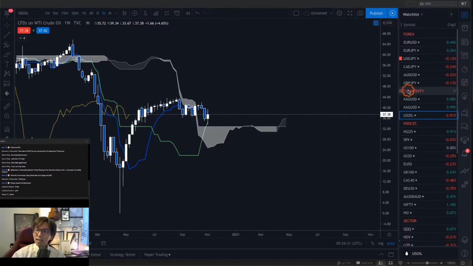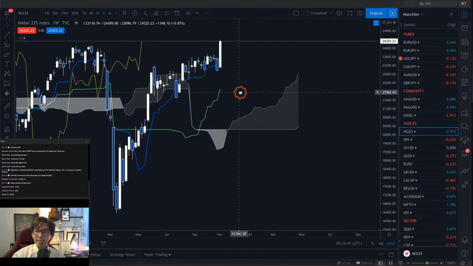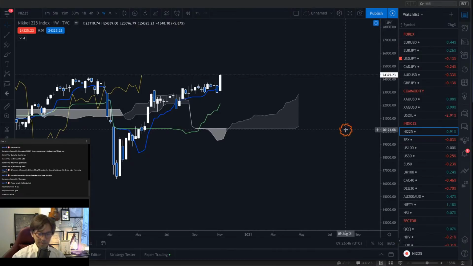And so let's move on to some indexes. First, let me cover the Nikkei. Nikkei last week was a very bullish trend, and this is going up now. So in terms of the equilibrium, this is bullish because the market is simply above the Tenkan Sen, Kijun Sen, and the Kumo. Chikou span above the candles.